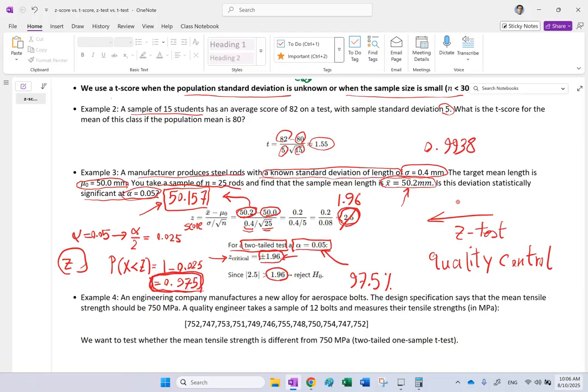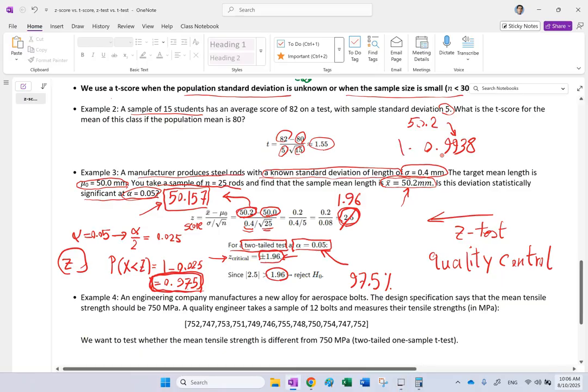It says if your length is this much, 50.2, then it is longer than 99.38% of the rods ever made. So the chance of you seeing anything longer than that is really 1 minus this, and times 2.